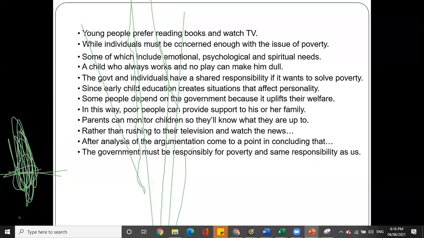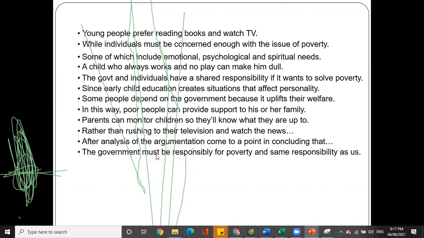The government must be responsibly for poverty and same responsibility as us. Oh my God, that's so messy. Help the writer, please. Must be responsible for poverty and, so we just avoided the redundancy of the subject here.